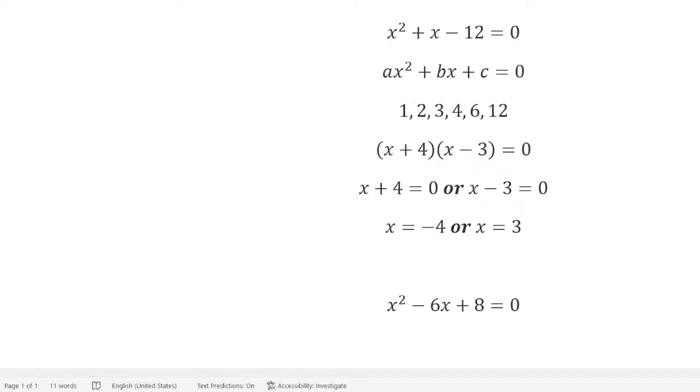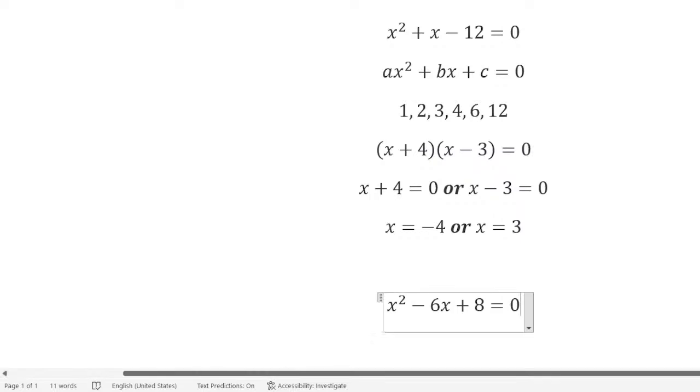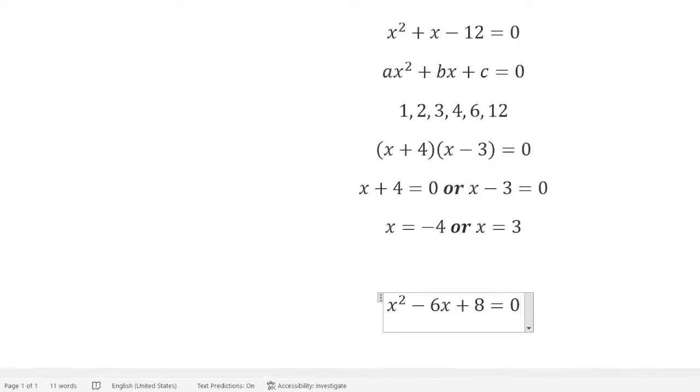All right. Okay. Now do the other exercise, number 2, exercise 2.